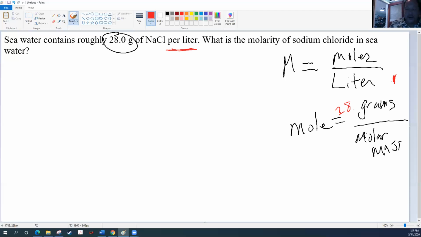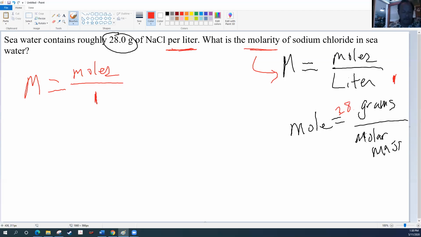What is the molarity of sodium chloride in seawater? We're looking for molarity, that capital letter M, so we know we have to use that formula. Molarity equals moles over liters, and we know we have 1 liter because it was 28 grams per liter. So this is 1.